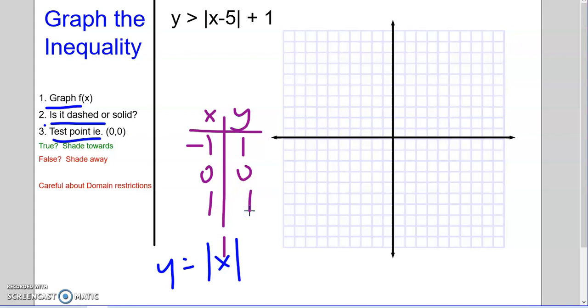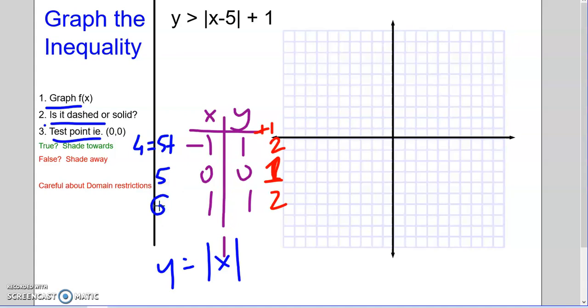Now, there's a transformation involved here. For the y values, we're going to add 1. And so this is 2, 1, and 2. And for the x values, we do the opposite of what's in there. So it's -5, but we're going to do a +5. So -1 plus 5 is 4, 0 plus 5 is 5, and 1 plus 5 is 6.